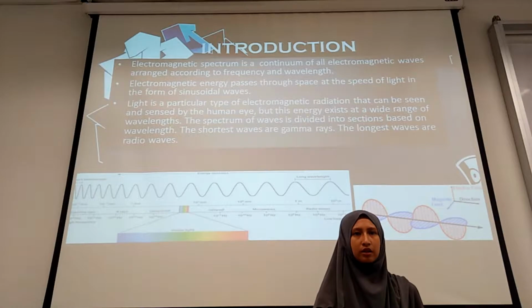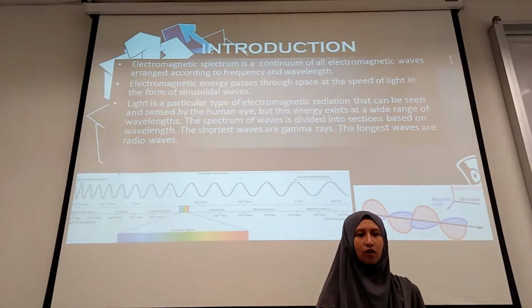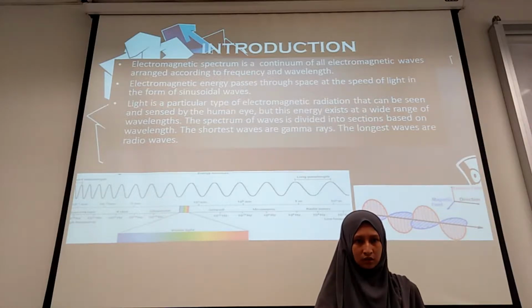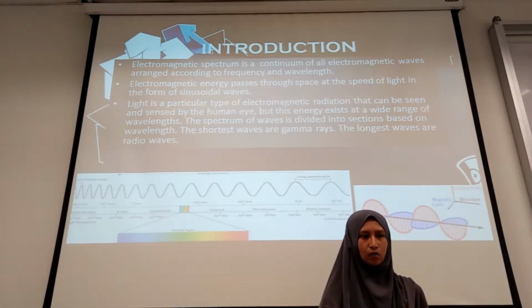Generally, we know that the electromagnetic spectrum is a continuum of all electromagnetic waves arranged according to their frequency and wavelength. The electromagnetic energy passes through space at the speed of light in sinusoidal waves.